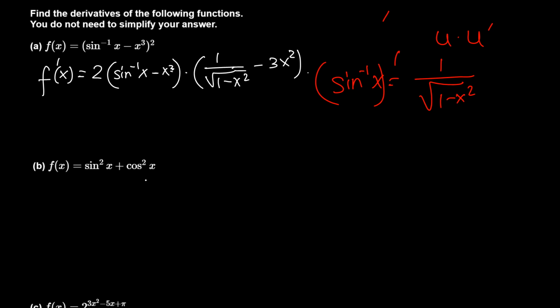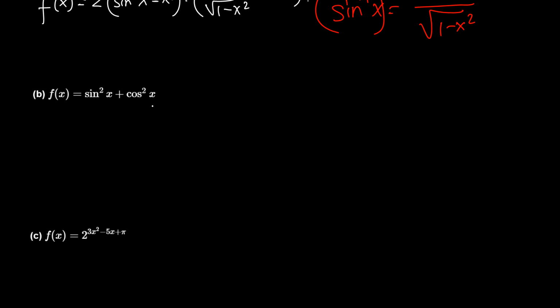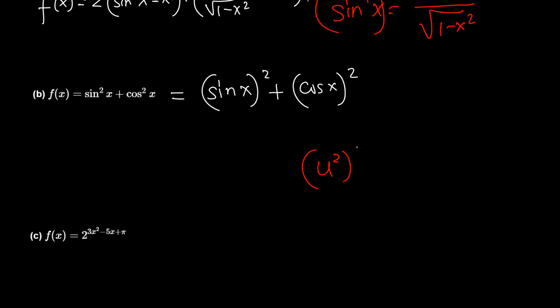Let's move to part B, where our function is sine squared plus cosine squared. In fact, we can rewrite this function as (sine x) quantity squared plus (cosine x) quantity squared. Then these two functions look like u squared, like earlier, and when we find its derivative, it will be 2u times u prime from the chain rule, where u is the inside function. In this case, sine x is u and here cosine x is u.